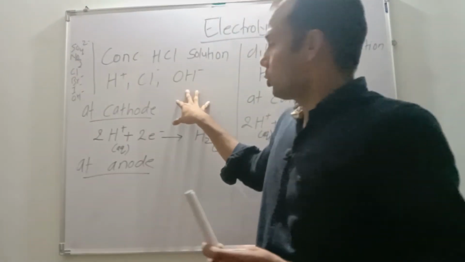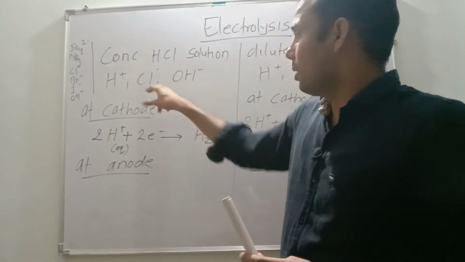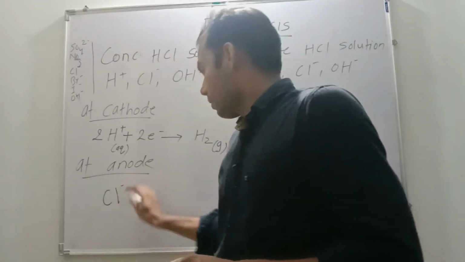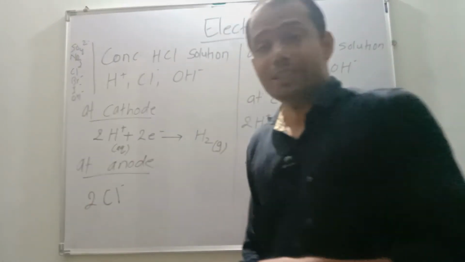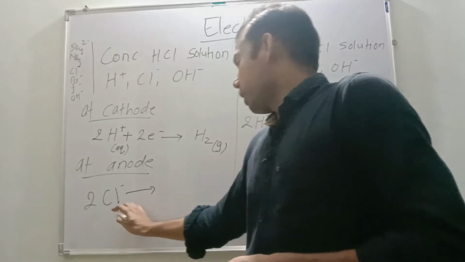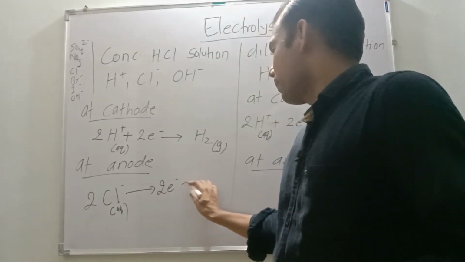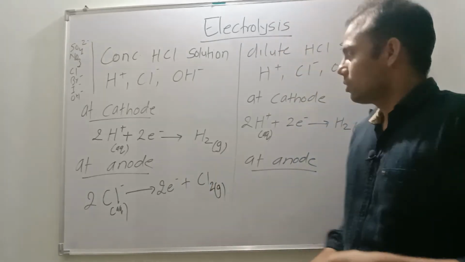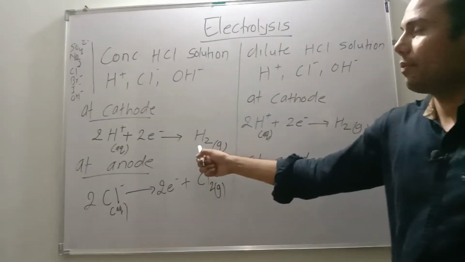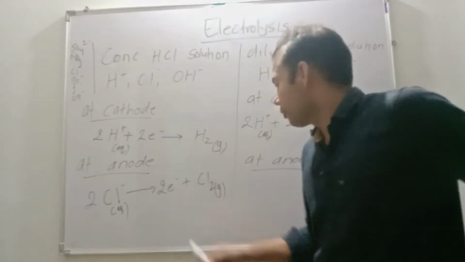For a concentrated solution, only the concentrated anion is going to discharge. So Cl minus is going to lose electrons. I write 2Cl minus aqueous losing 2 electrons and forming chlorine gas. So at cathode you have hydrogen gas, at anode there is oxidation, formation of chlorine gas.